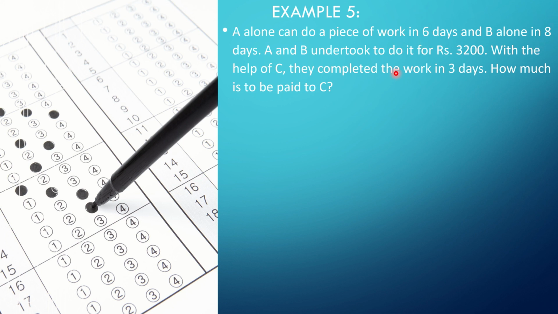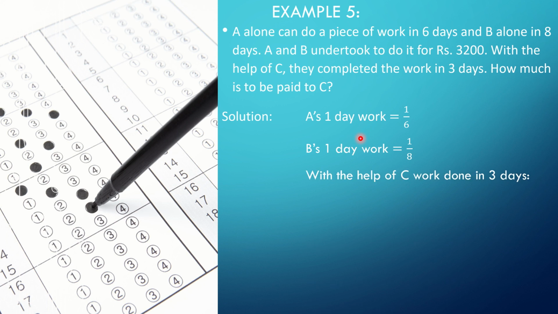Right, we don't know how much work can be done by C in 1 day, so we need to find that first. A can do 1/6 part of the work in 1 day, whereas B's 1 day work is 1/8. With the help of C, they completed the work in 3 days, so the total work done in 1 day is 1/3.